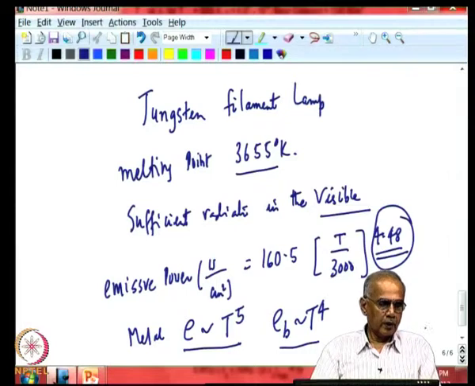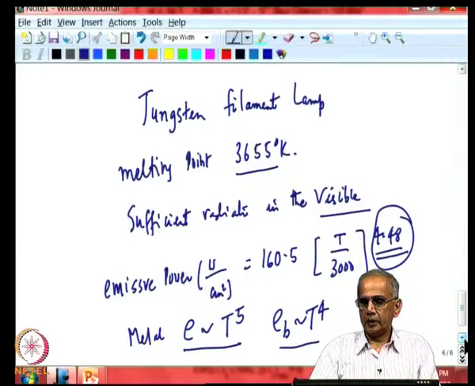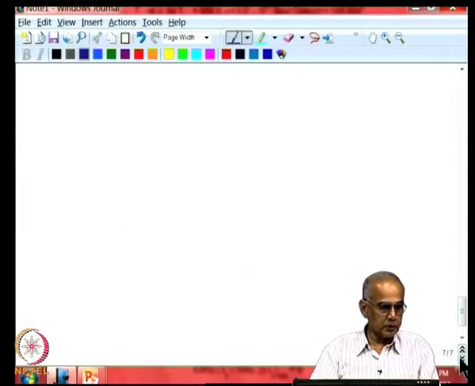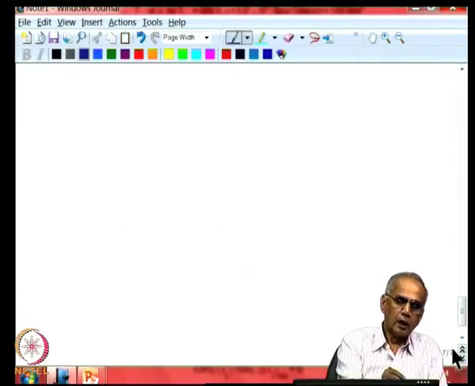So, that is one part, but the real issue in the tungsten filament lamp is the way in which it loses material by sublimation.